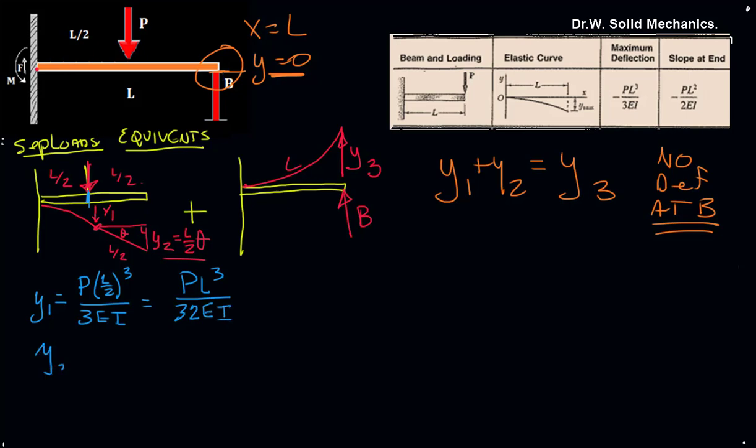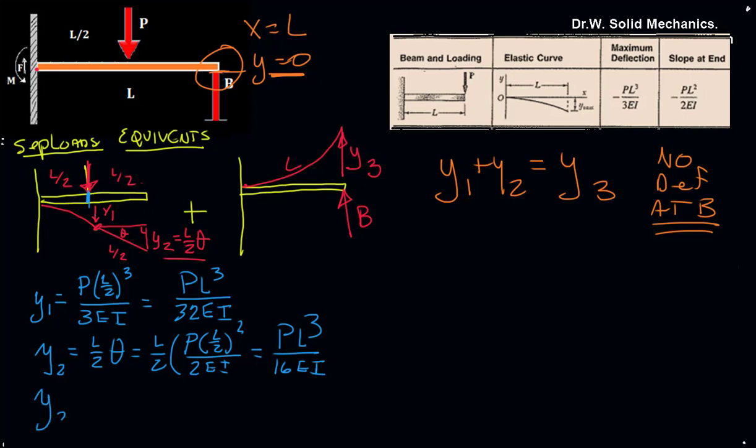We can calculate Y2 as L on 2 times theta, which would be L on 2 times, now over here is our value for theta, P L on 2 squared over 2EI, and that will reduce to P L cubed over 16EI.